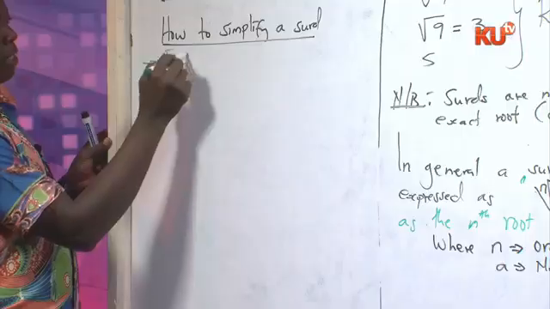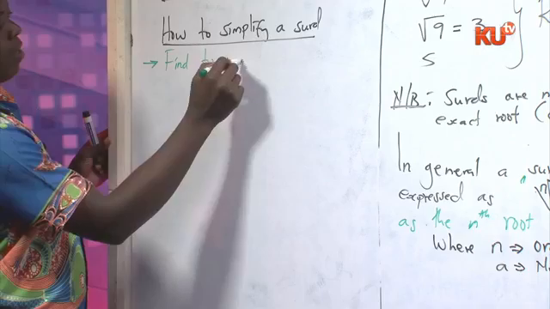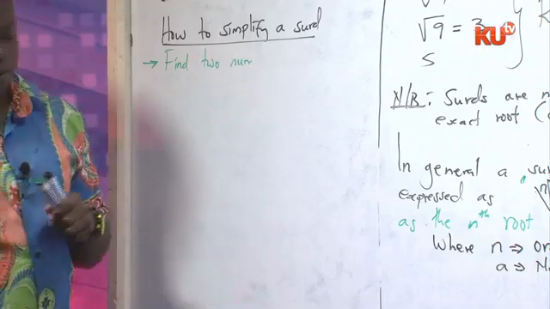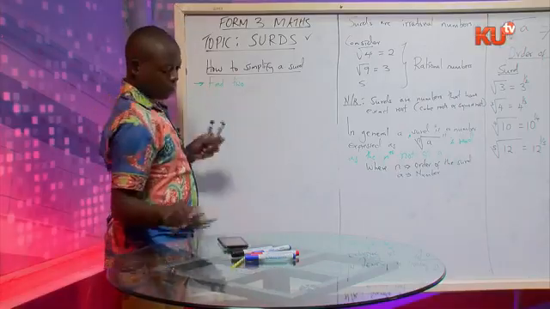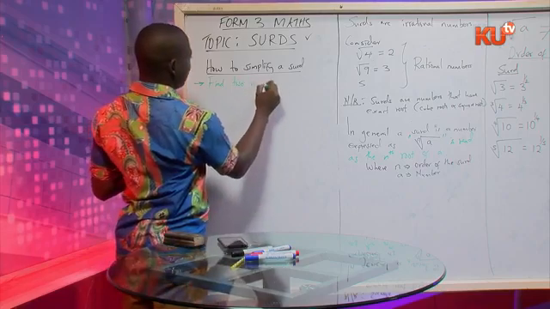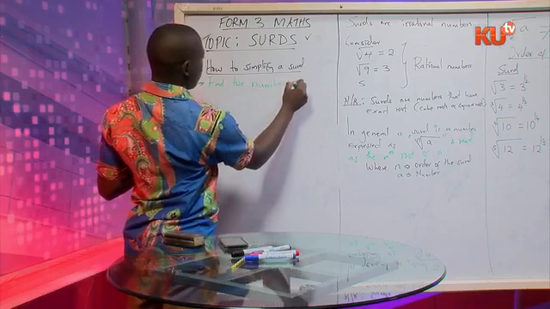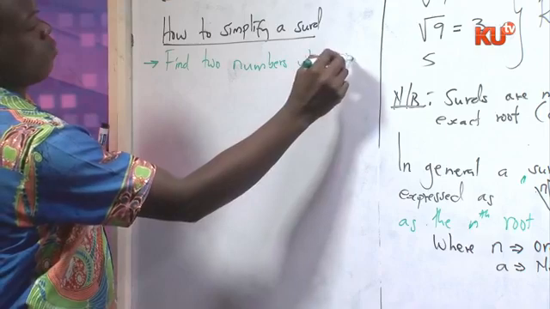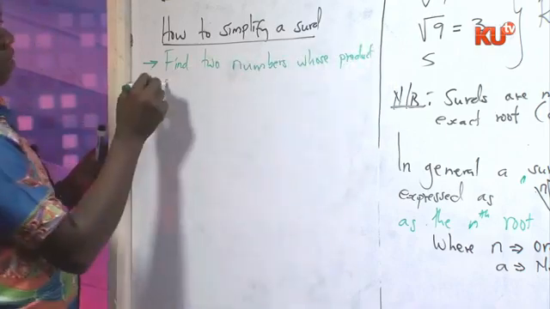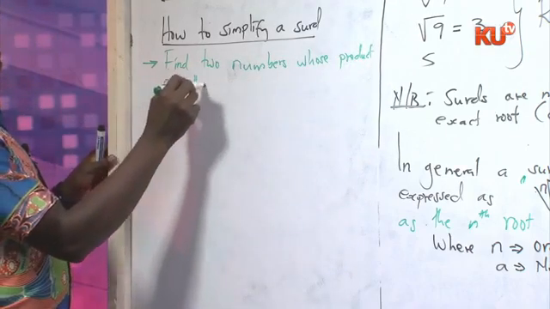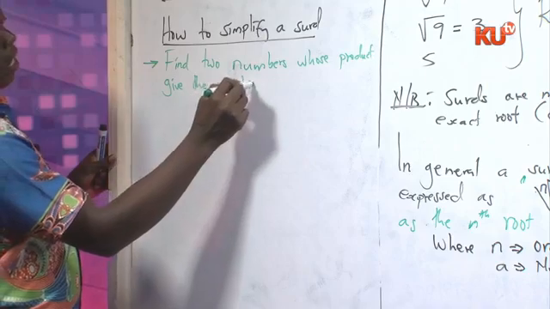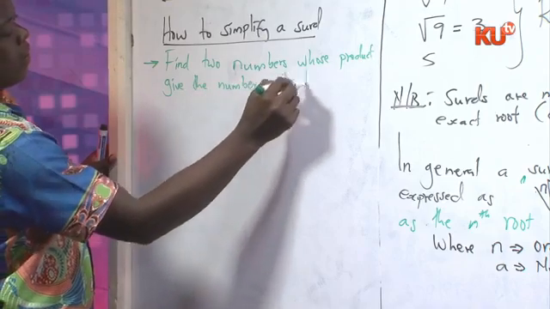You simply find two numbers. Identify two numbers whose product will give the number under the root sign.